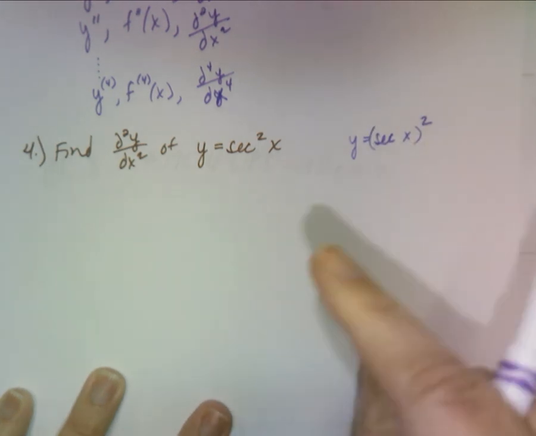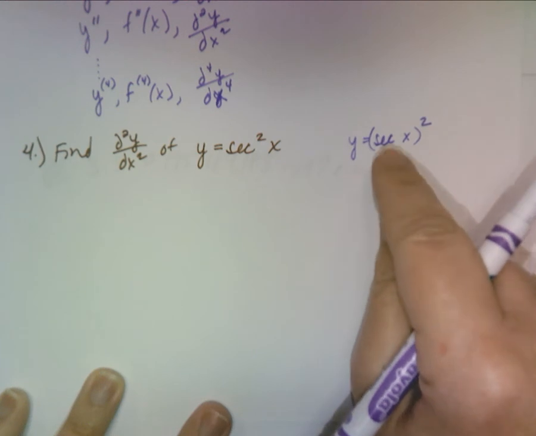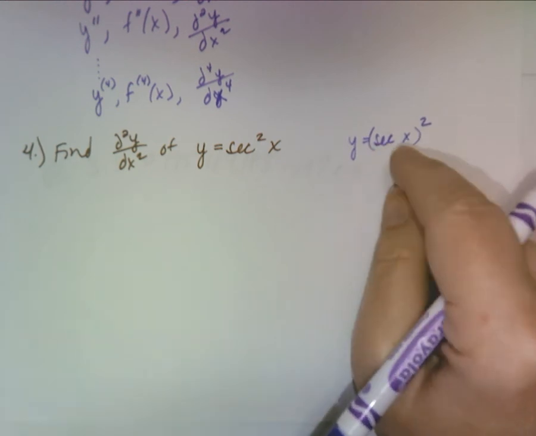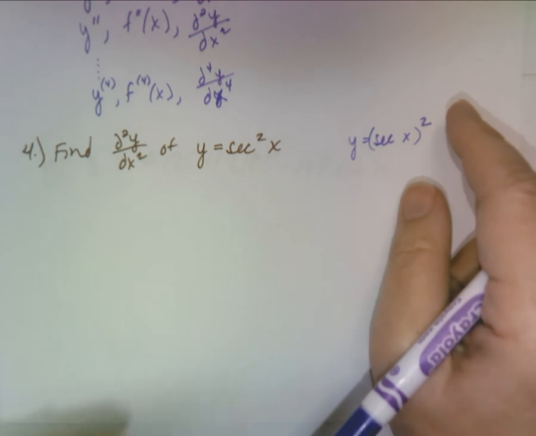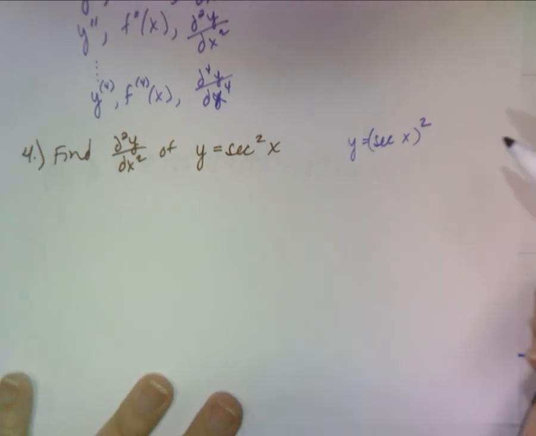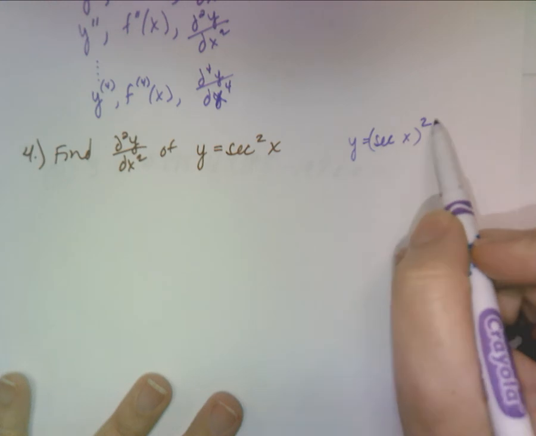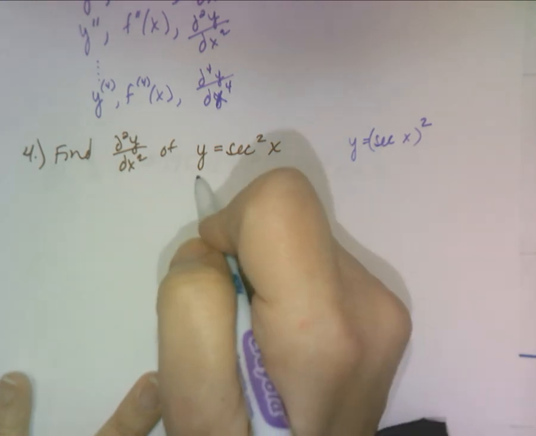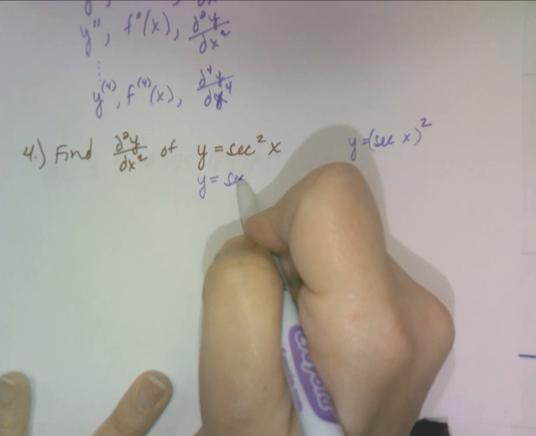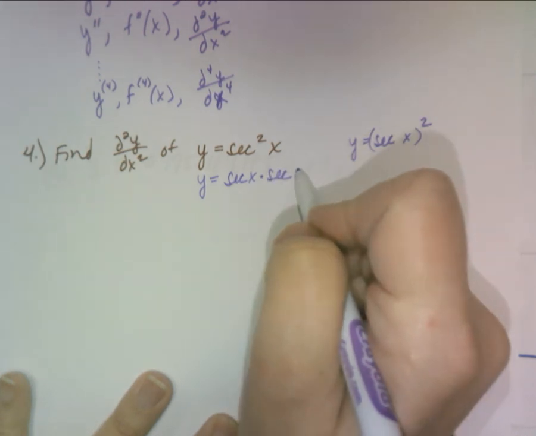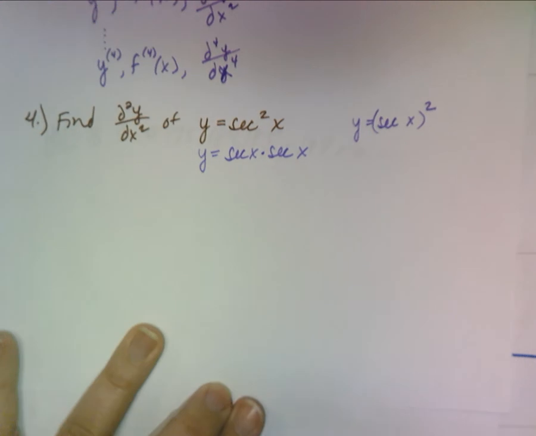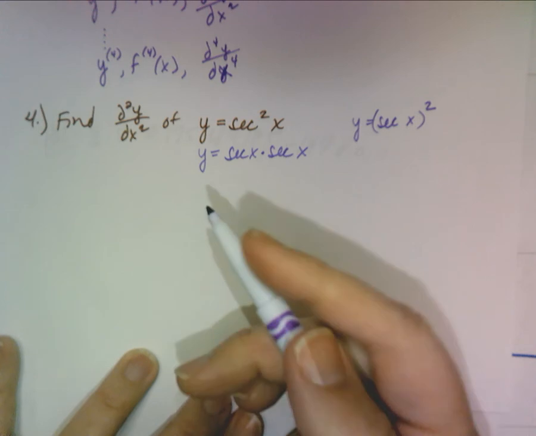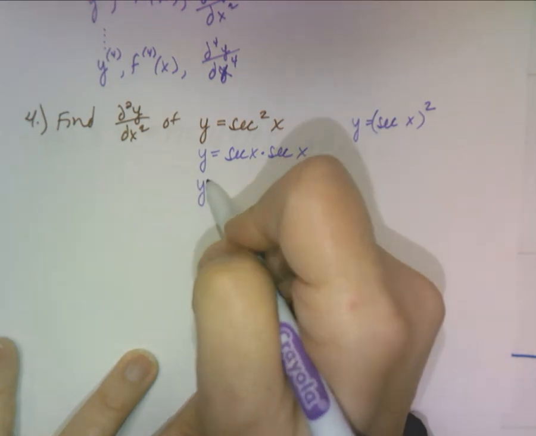And we haven't done what's called the chain rule yet, which we will get to, because when you have something raised to a power, you have to do an extra step. So what you want to think of this as is secant x times another secant x. That's what secant x squared is. And so we're going to take a derivative of that with product rule here.